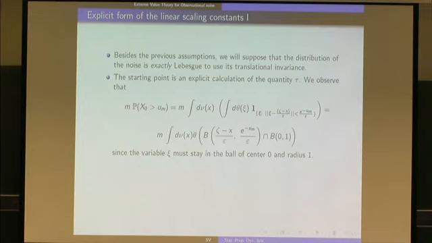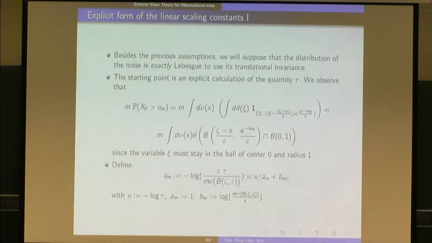And the computation is trivial, because this is the quantity. Here you rewrite this integral. The only important point is that the measure nu can be whatever you want, but theta, which is the measure on the noise, must be exactly Lebesgue, not just absolutely continuous, because I'm using translation invariance of this measure.